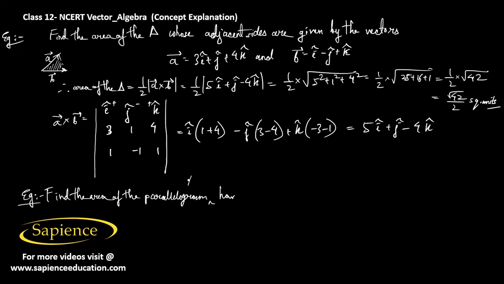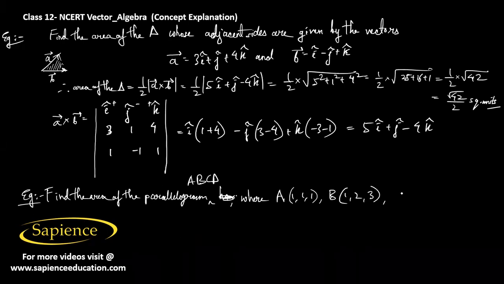We have to find the area of the parallelogram ABCD, where the vertex A is given as 1 comma 1 comma 1, and the vertex B is given as 1 comma 2 comma 3, and the vertex C is given as 2 comma 3 comma 1. So these are its 3 vertices, and the vertex D is not given.